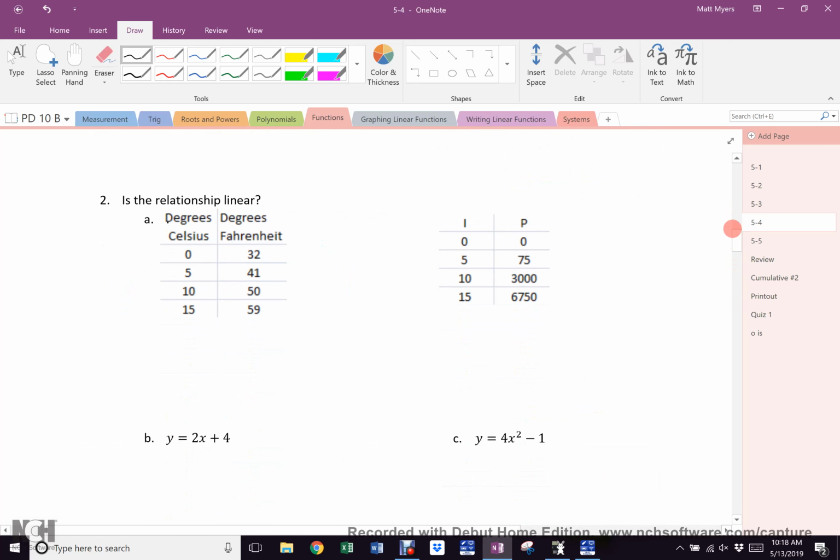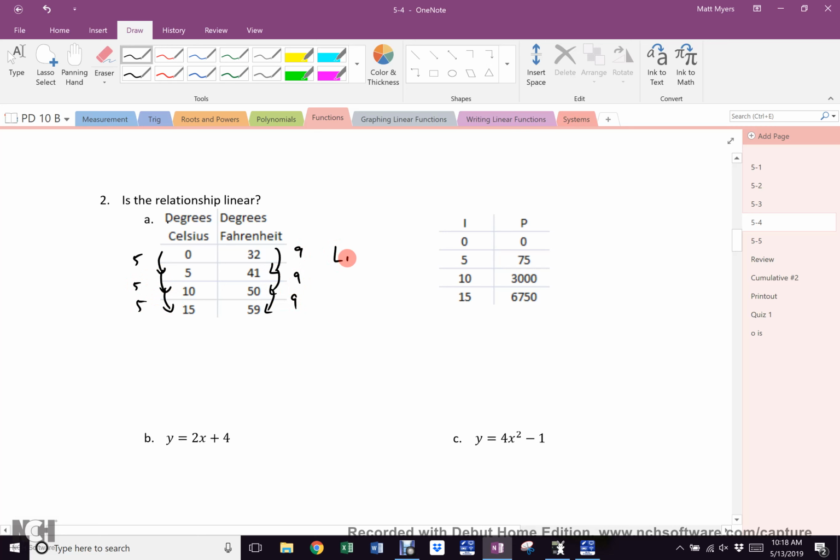Is this relationship linear? Yes or no? Let's check, shall we? How much did I go up by? 5. How much did I go up by? 9. Nice job. How much did I go up by? 5. How much did I go up by? 9. How much did I go up by? 5. How much did I go up by? 9. Is it linear?